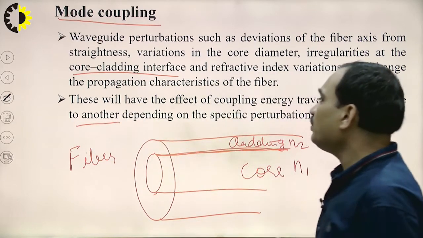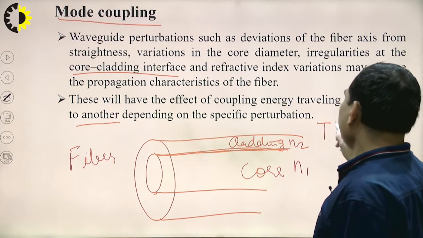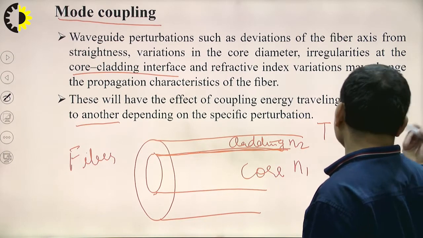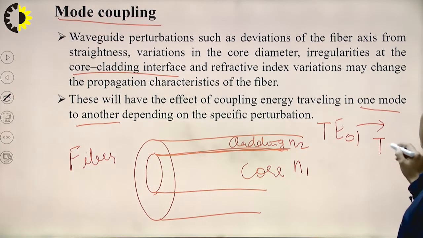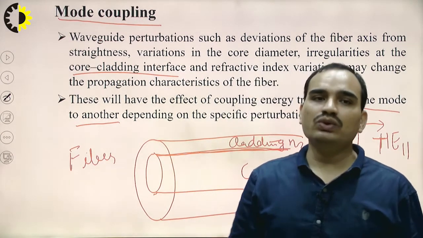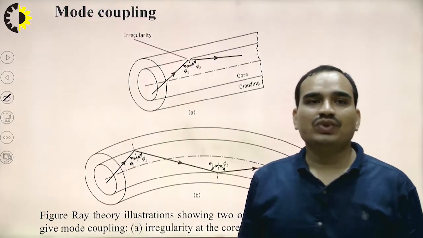When we are talking about two different modes, for example, the TE01 mode, the energy is transferred to another mode, that is HE11. So we can say that the energy of one mode is transferred to another mode and it is perturbing the energy.